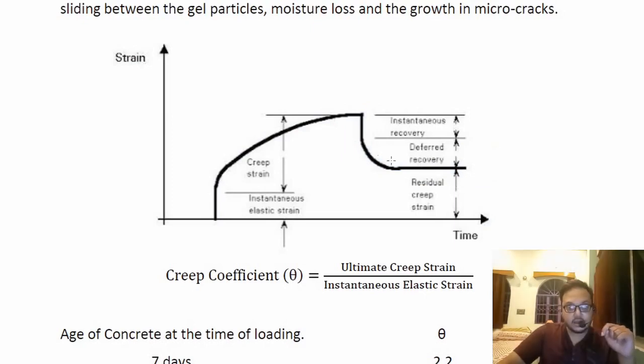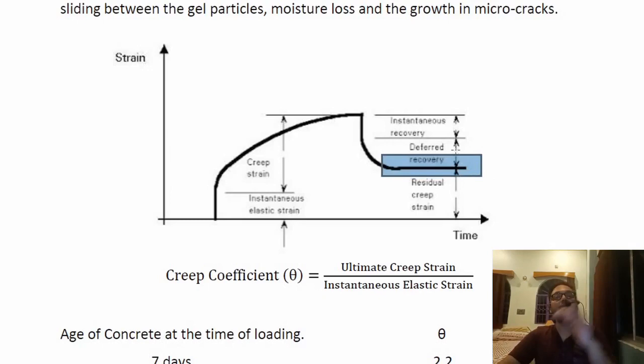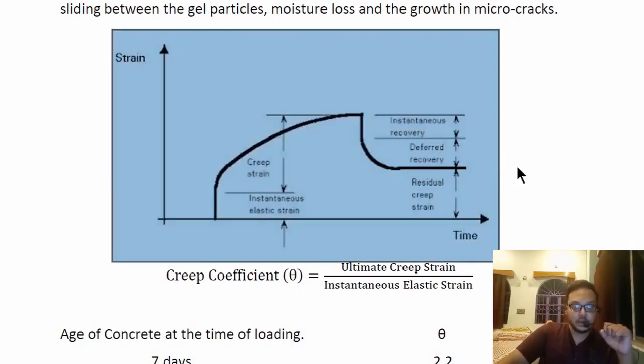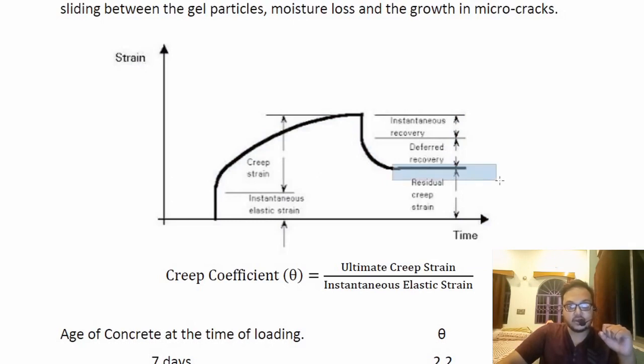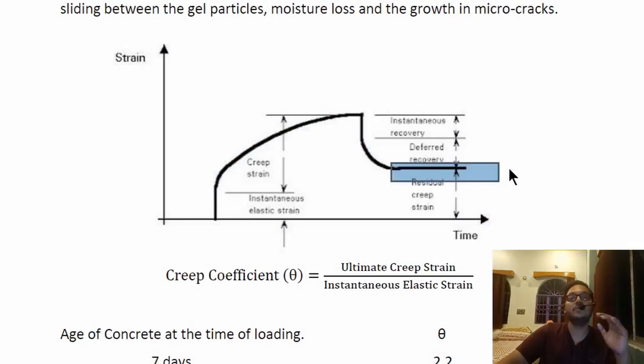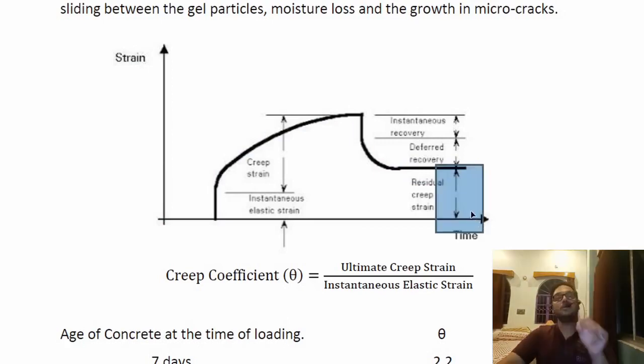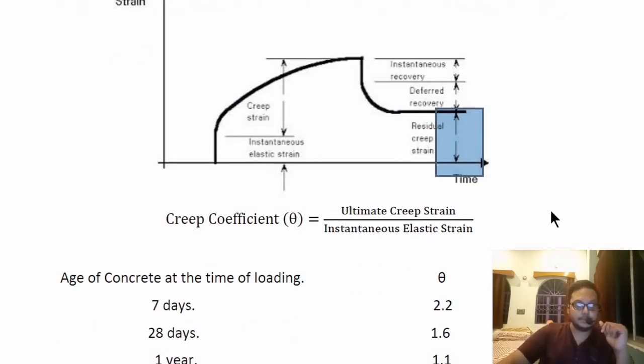And when the possible amount of recovery has taken place in that concrete member, there will be some residual creep strain which can never be recovered, and that will persist in the member for a longer time.